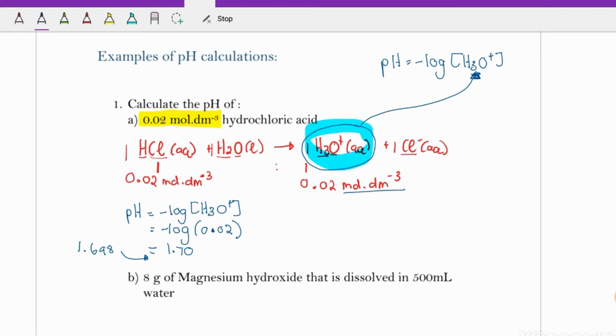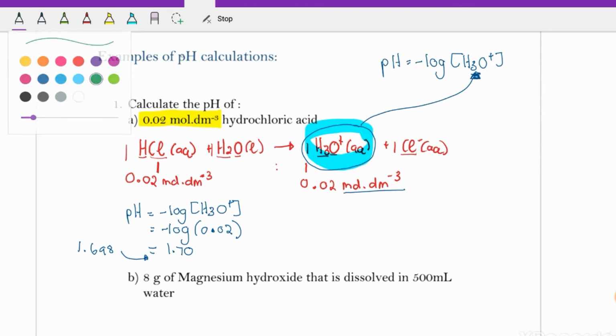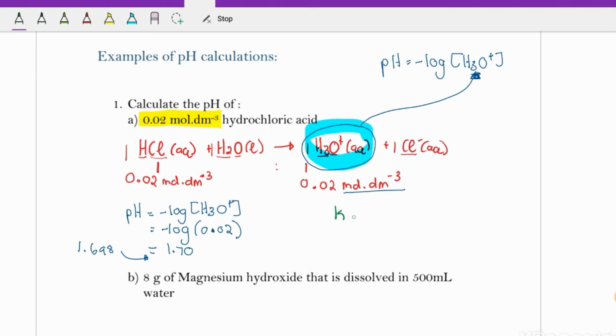If you had to go and write down a Ka expression for this particular reaction, Ka, so then you would add your products, which is the chloride ions and the hydronium ions, over the reactants, which is aqueous or in gas phase, and that's the hydrochloric acid, and that will be the expression of the dissociation or ionization constant of your acid.